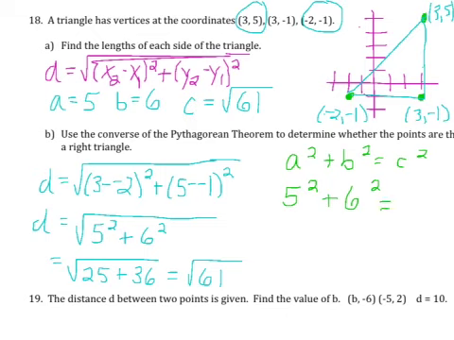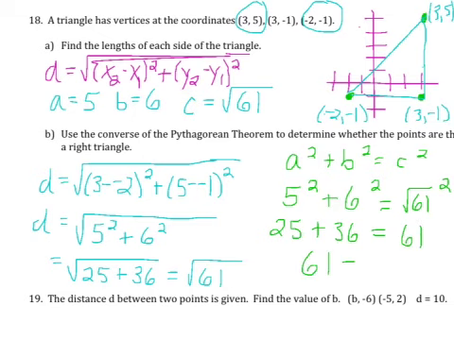And we can plug root 61 in for c. But remember to square it. So 25 plus 36. And remember the square root of 61 squared is just a regular 61. And we end up with 61 equaling 61. So it checks out, and we know that, yes, this is a right triangle.